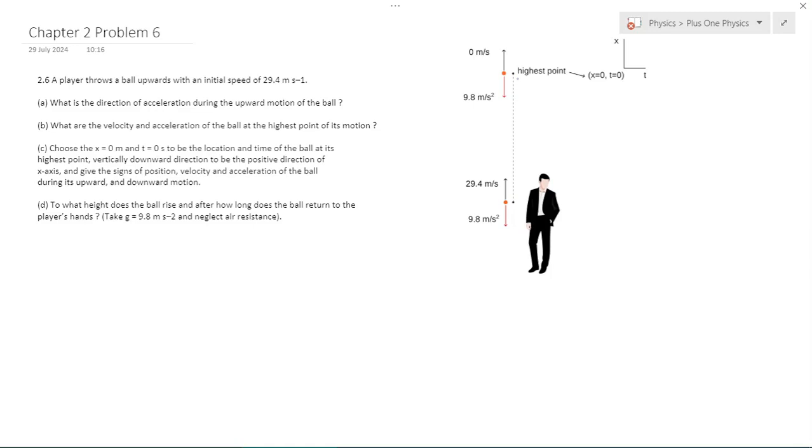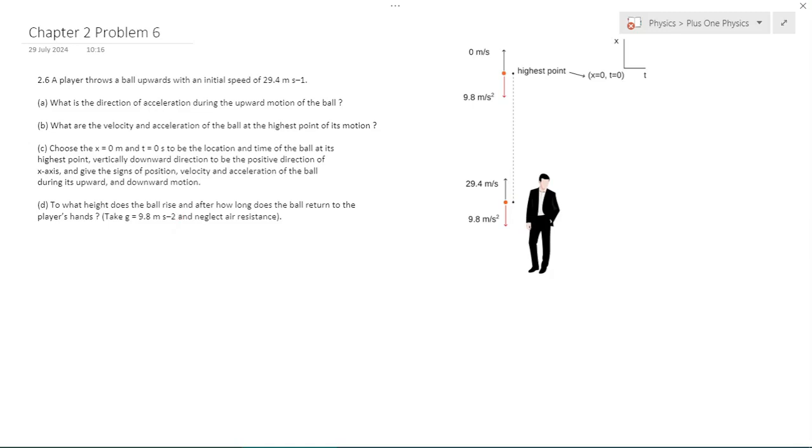The only force the ball has is Earth's gravitational force. So the acceleration is 9.8 and the velocity is 0 meters per second at the highest point. Question C is a little bit lengthy, and I will talk about that in the next video.